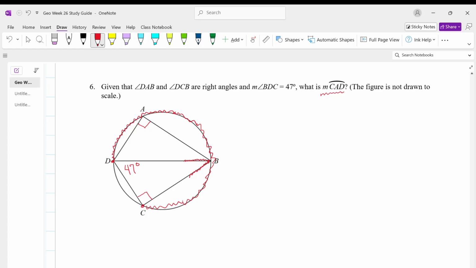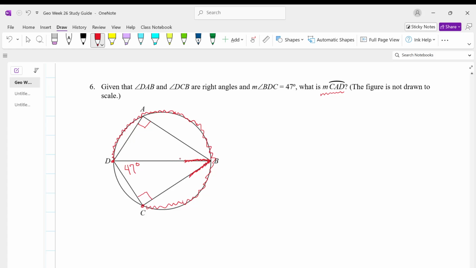All right, arc DC is equal to 2 times this inscribed angle. So we're going to find this angle measure first. We're going to double it to get this arc DC, so we can subtract it from 360 to get the big arc measure that they wanted.